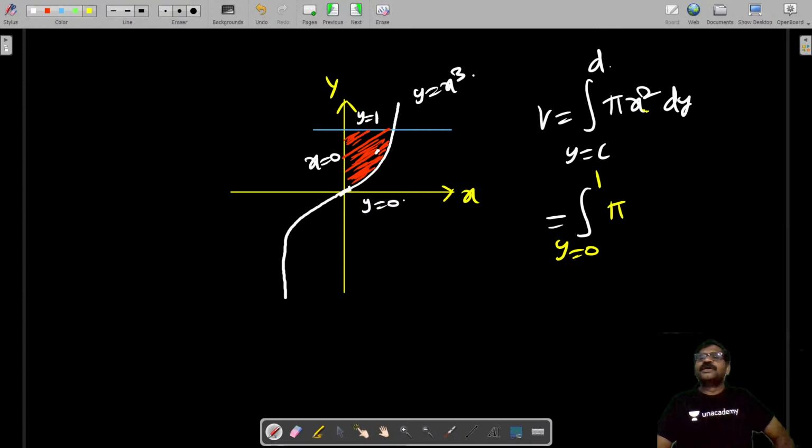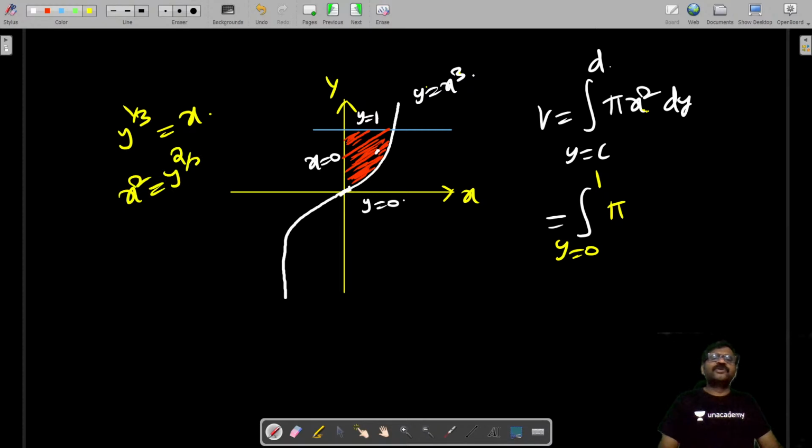Here, y equal to x cube, rotating around the y-axis. So, y power 1 by 3 equal to x, because x cube equal to y. Therefore, x equal to y power 1 by 3, so x square equal to y power 2 by 3. Therefore, I am writing y power 2 by 3 into dy.